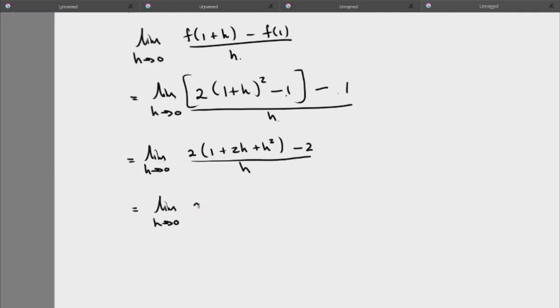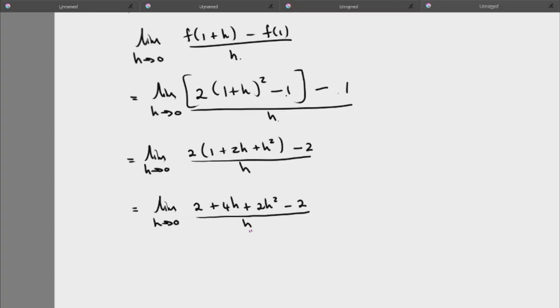Now I multiply the 2 in, I get 2 plus 4h plus 2h squared minus that last 2, all over h. While I'm simplifying the numerator, you have to write limit every time. You have to put it all over h. Those things are just waiting for me to be done with the simplification.